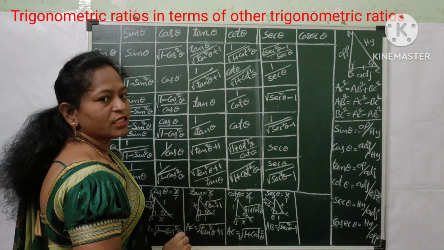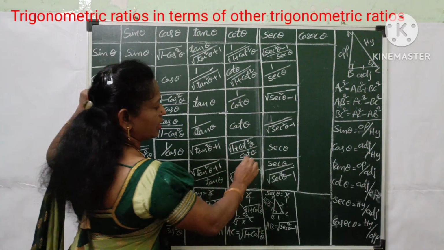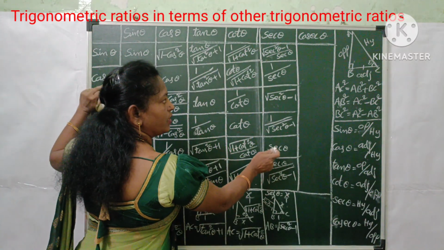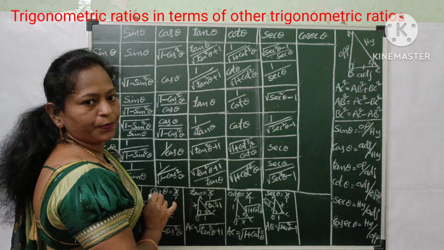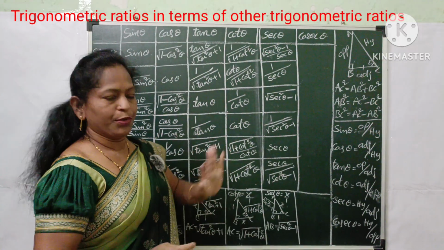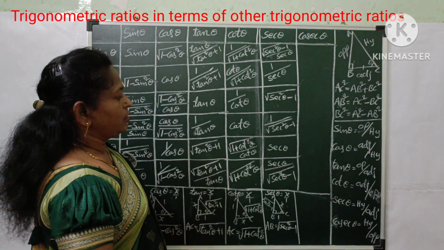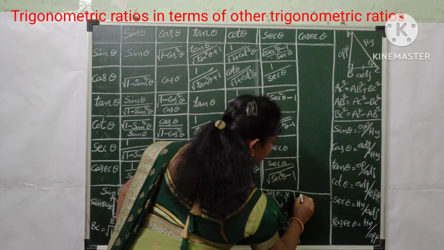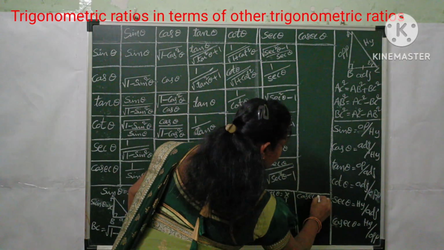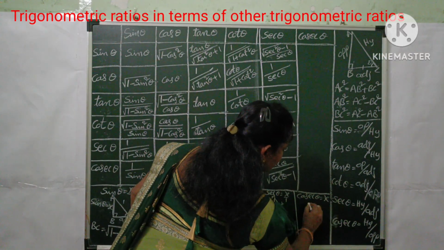Cos theta is a reciprocal of secant; secant in terms of secant only, its reciprocal is 1 by secant. Clear? Remaining reciprocal ratios only. Next, cosecant. Cosecant theta equal to x.